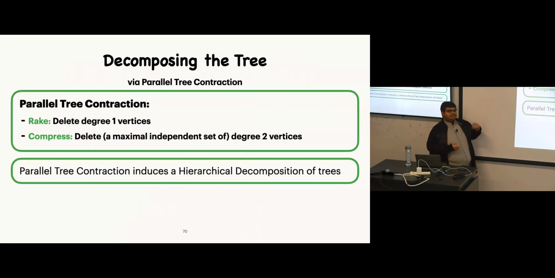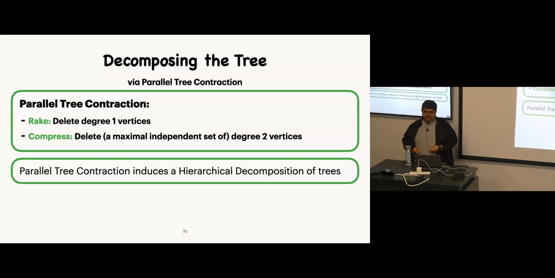The idea of tree contraction is basically another clustering procedure where, starting with an input tree, you proceed by doing two types of operations. The first thing is a rake, which removes degree 1 vertices. By remove, I mean you can think of merging that degree 1 vertex with its neighbor.